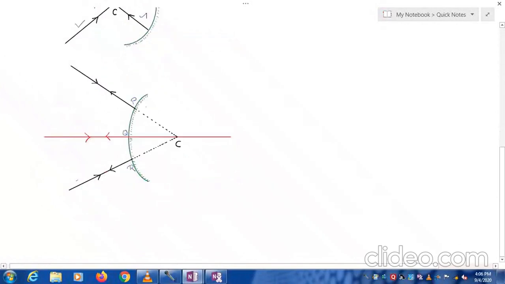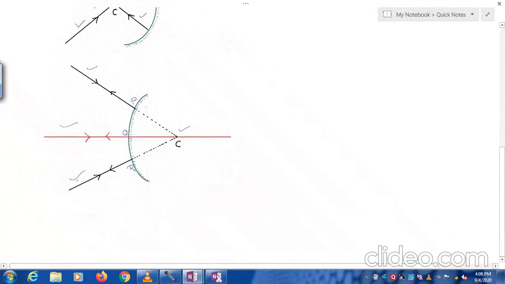Now see, this last diagram is a normal incidence in case of a convex mirror. We know that convex mirror is a diverging mirror. Here these are the three incident rays, and all these three incident rays are heading towards the center of curvature of this convex mirror, and they got reflection at the points P, Q and R of the convex mirror.